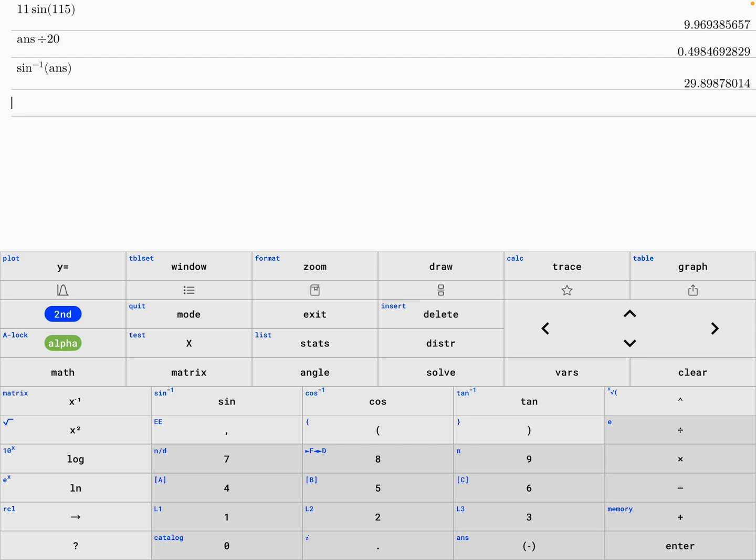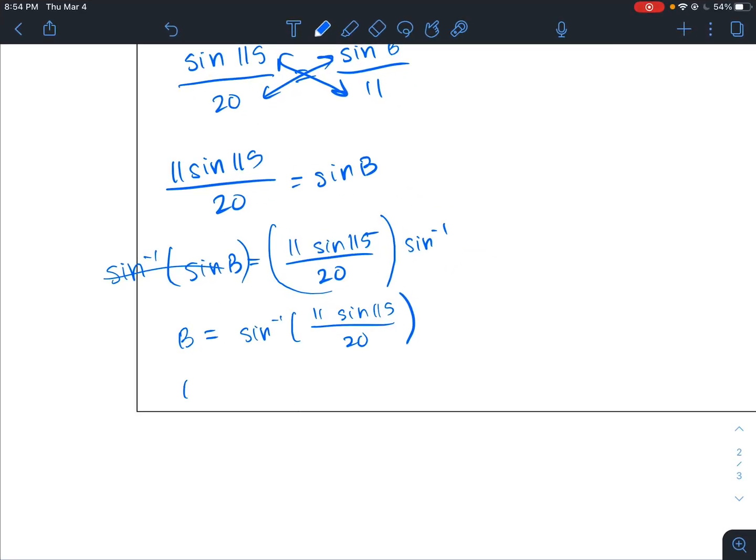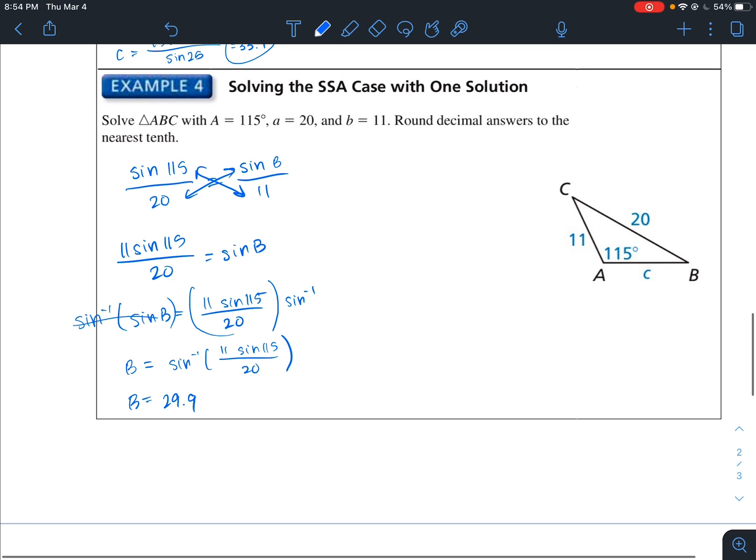So 29.9. B is equal to 29.9. Now you know how to use those arc sine, arc trigonometric functions. You use them to find angles, to undo trigonometric functions.